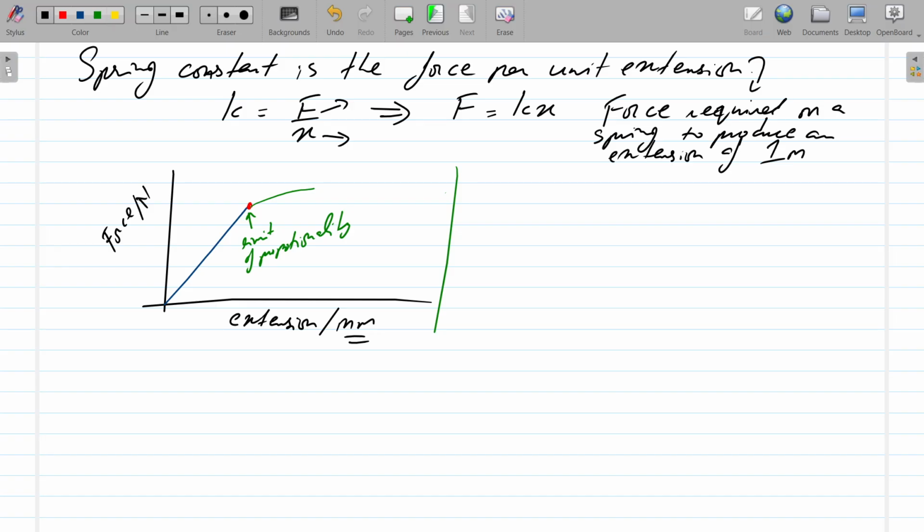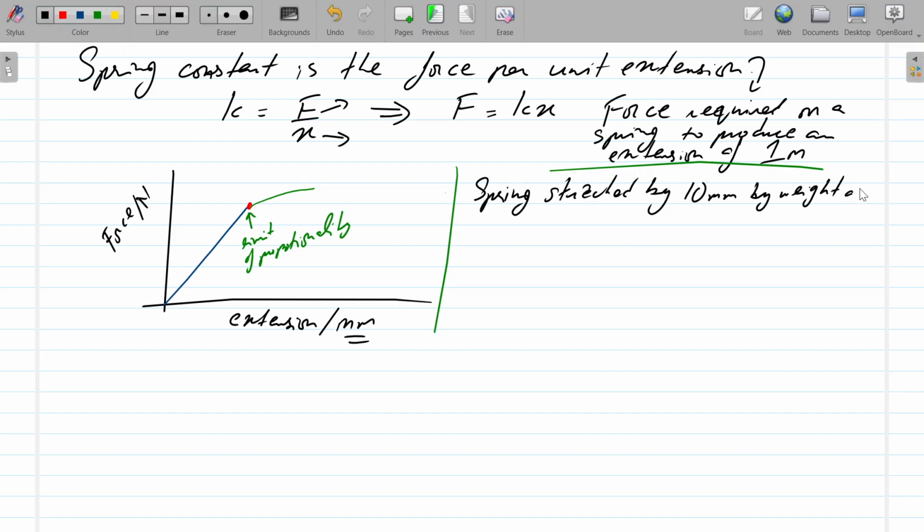So there's a spring that is stretched by 10 millimeters by a weight of 2 newtons, and we know weight is also a force. 2.0 newtons to be exact.